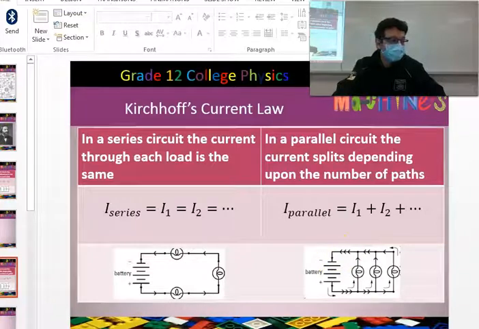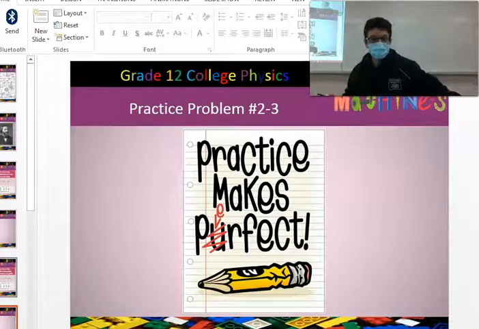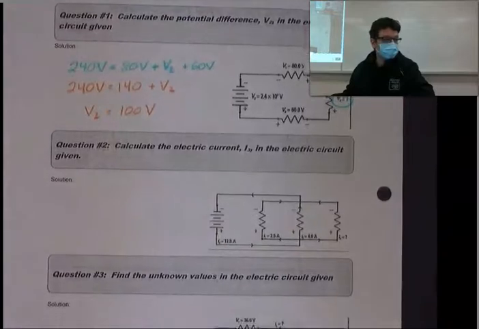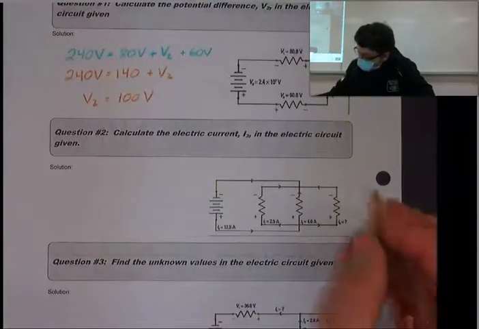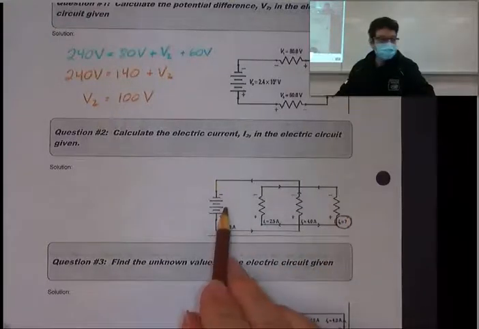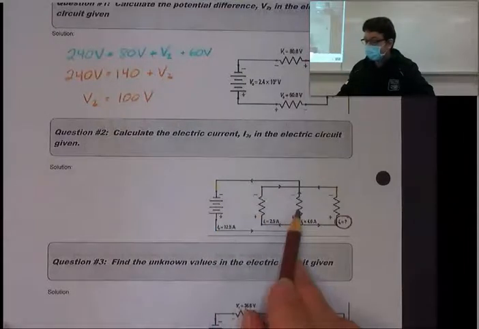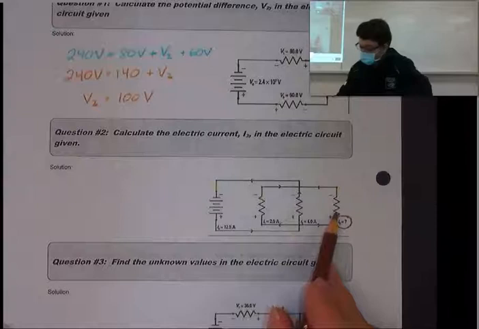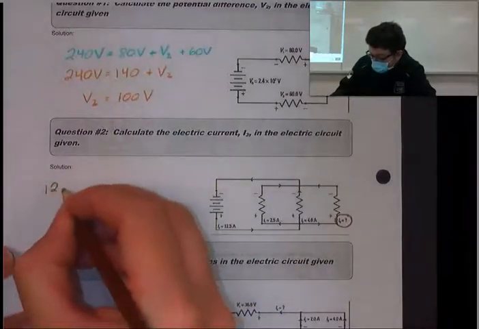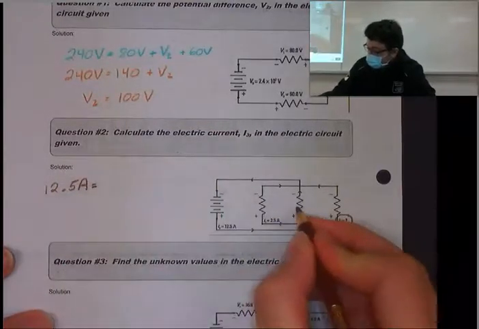Okay, so let's try a problem with the current law. Question 2. Calculate this here, I3. So this is a parallel circuit, because you can see the pathway splits into 3 possible options. So if our total is 12.5 amps, that must be equal to all these added together.